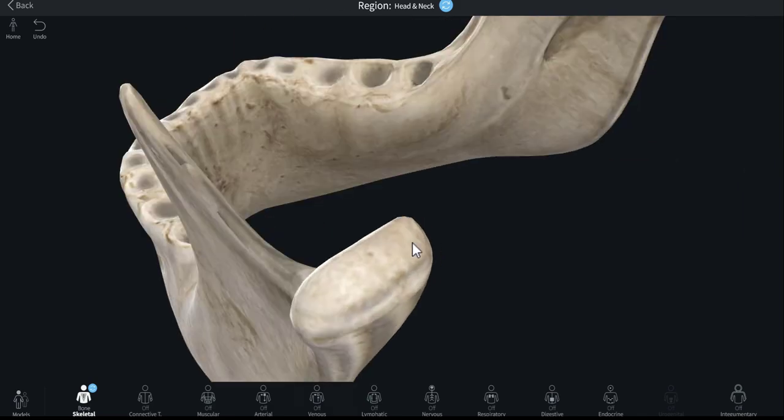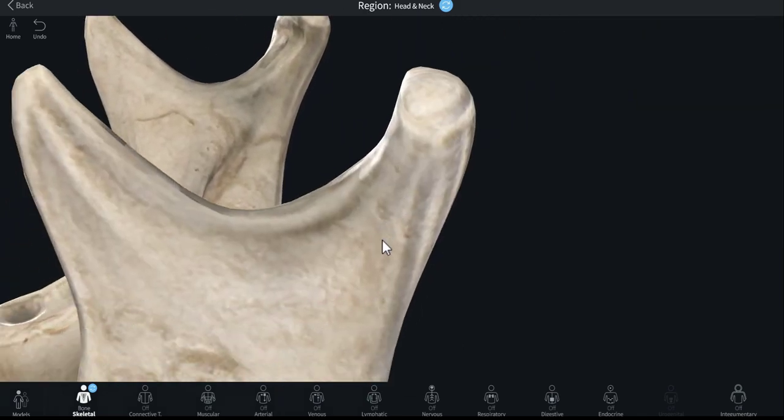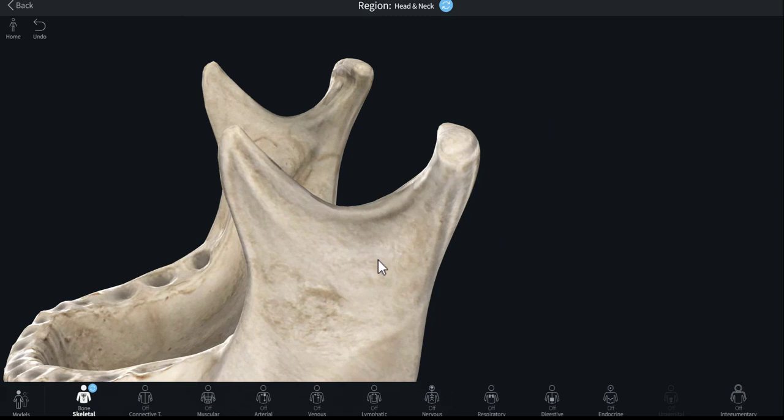The elliptical part of the condylar process is the head of the condylar process, whereas this constricted part just below the head is the neck of the condylar process, obviously.